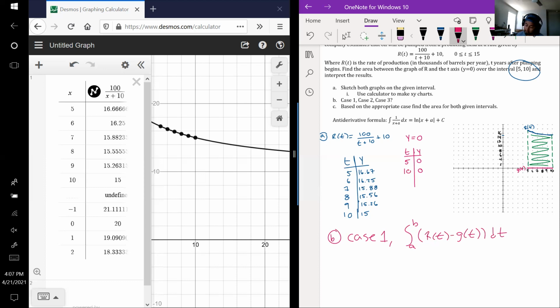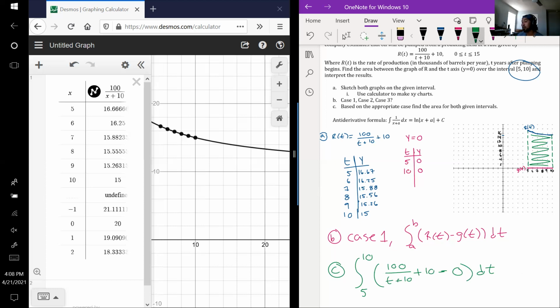Okay, so that means we can move on to C and set up our integral. So we're going to say the integral from 5 to 10 of r of t, which is 100 over t plus 10, plus 10 minus g of t, which happens to be 0, dt.